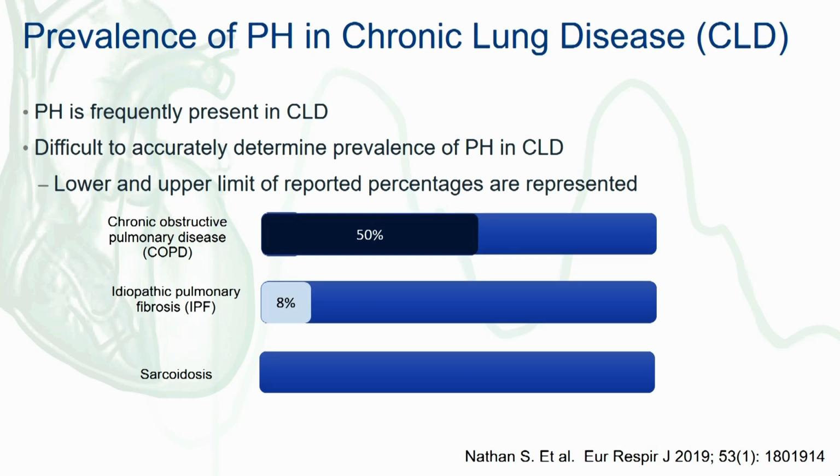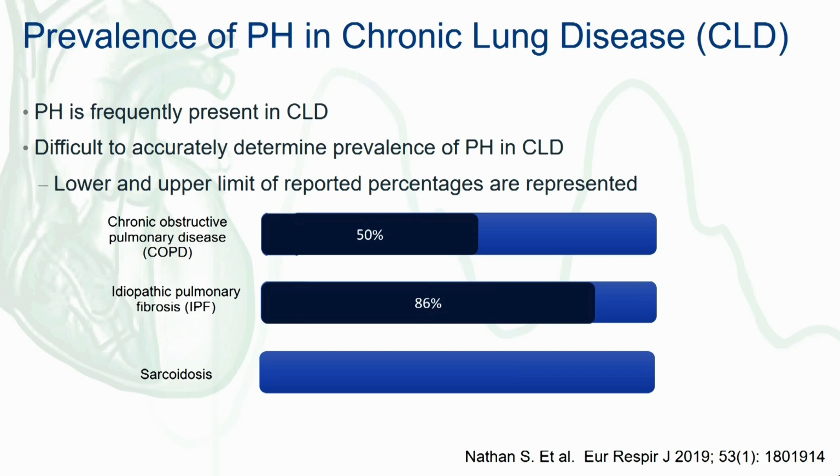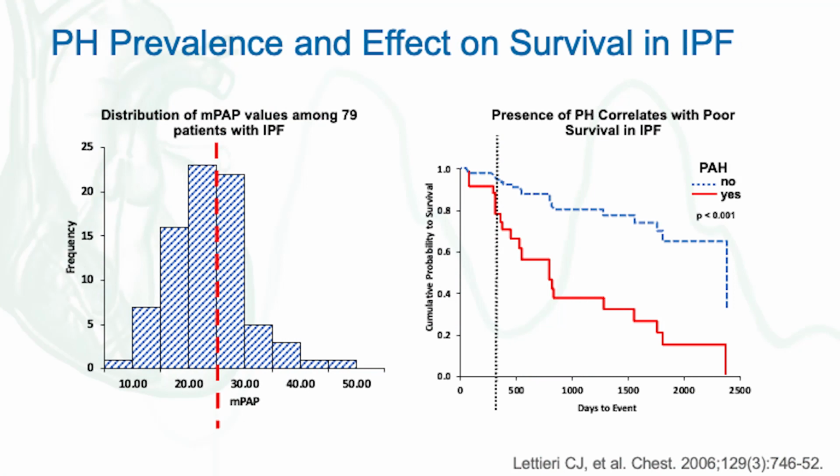But in idiopathic pulmonary fibrosis, it's somewhere between 8 and 86%. Some of that difference relates to the higher prevalence coming from studies of transplant centers where they're seeing the more advanced interstitial lung disease. And then, of course, we can see this in sarcoidosis, 6% to 74%, remembering that sarcoidosis actually fits in group 5 and is not a group 3 disease, although they can have a lot of disordered pulmonary parenchyma.